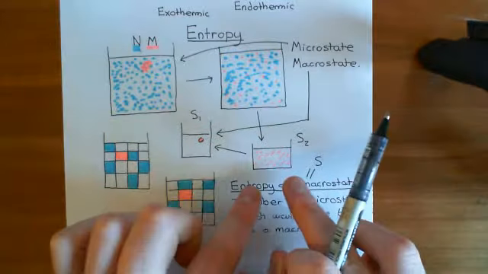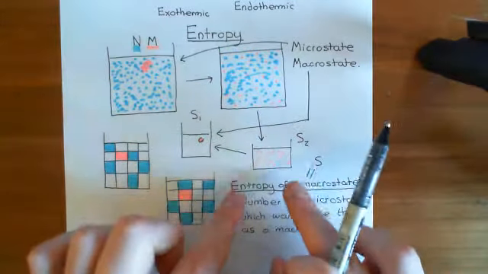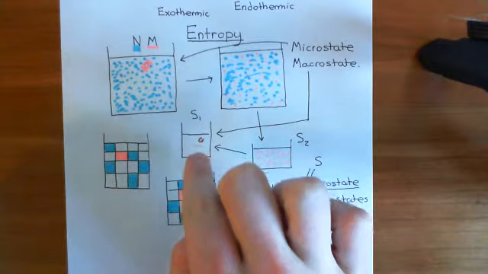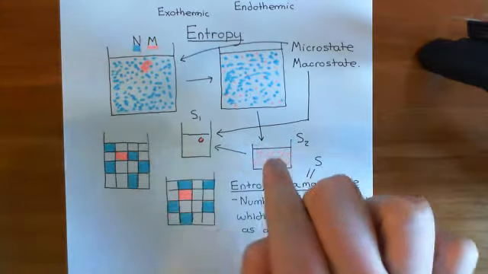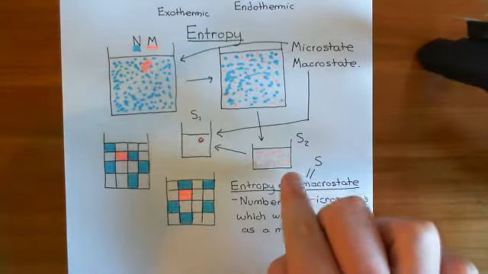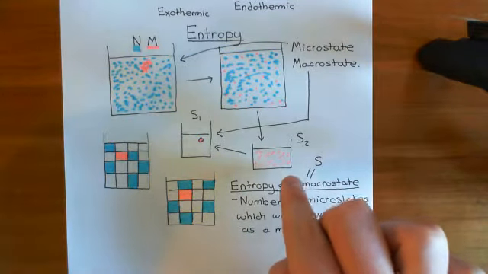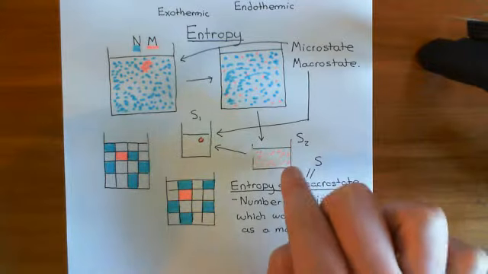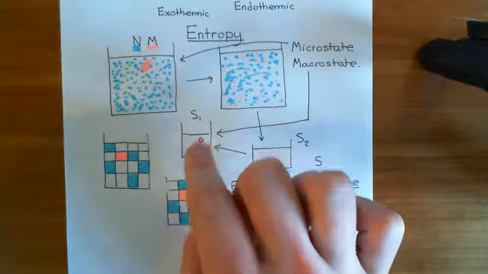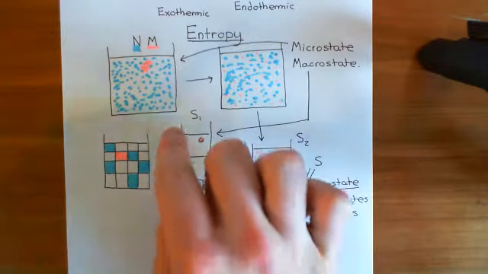Similarly, you can calculate this entropy for this macrostate here where the red dye has distributed homogeneously within the beaker of water. Basically, the reason that it always goes from being in this macrostate to being in this macrostate is that the entropy, the number of microstates which would all look like this macrostate, is absolutely phenomenally higher than the entropy of this macrostate here.